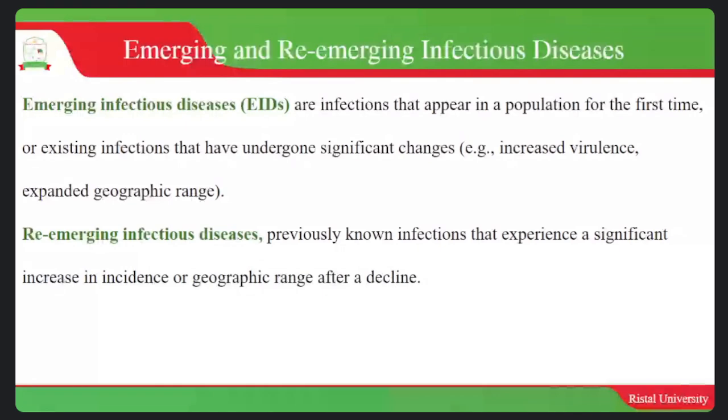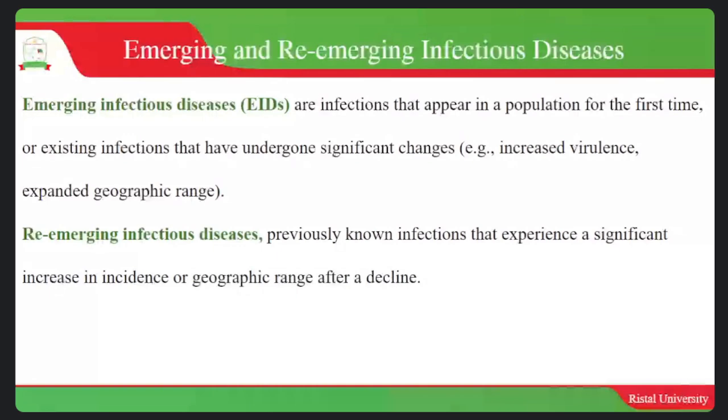So we may look at climate change, which alters the ecosystems and affects the distribution of vectors like mosquitoes, and this expands the range of diseases like malaria or dengue fever.